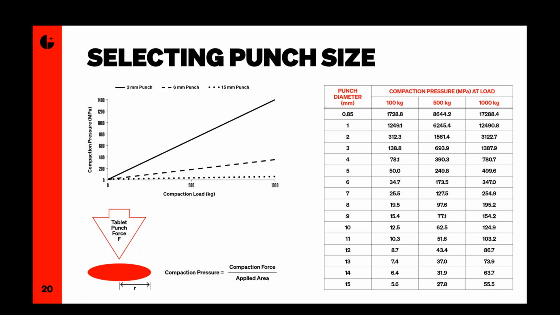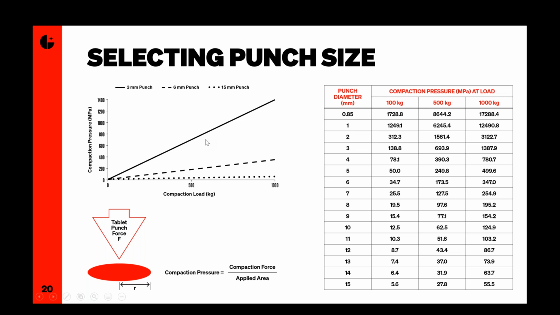For example, we've got people working in the agricultural sector who want to make big tablets for livestock, and we have people making very small tablets to inject under the skin. So we offer very small and very large punches and dies for those purposes. But the main reason people would change punch and die size is to target these different pressure ranges.